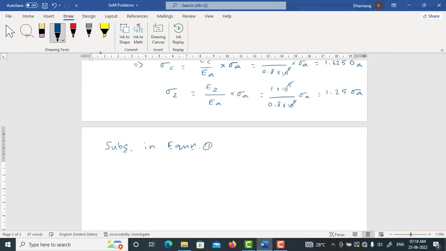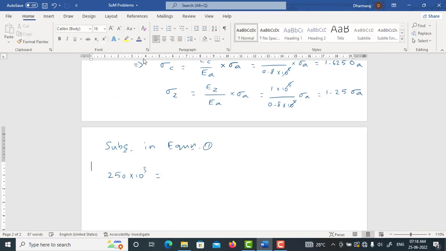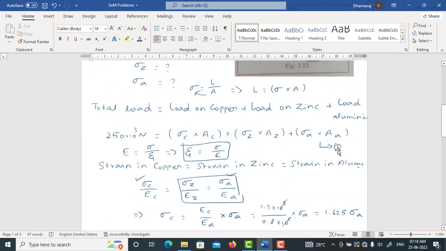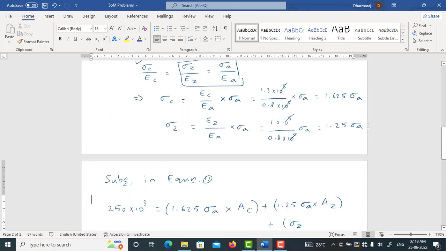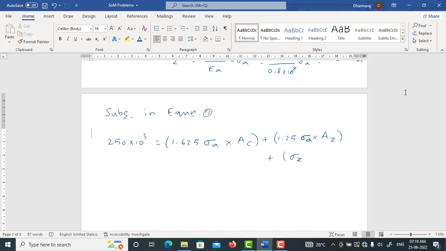Let us substitute these values in equation number 1, so that we can find the stresses produced in copper, zinc and aluminum. So 1.625 sigma A into the area of copper, plus 1.25 sigma A into the area of zinc, plus sigma A into 1000, that is sigma A into AA.